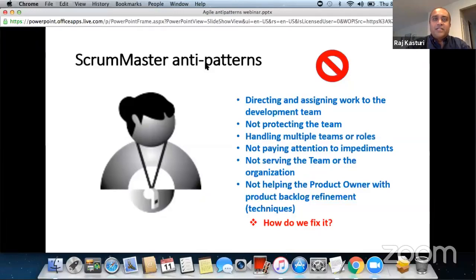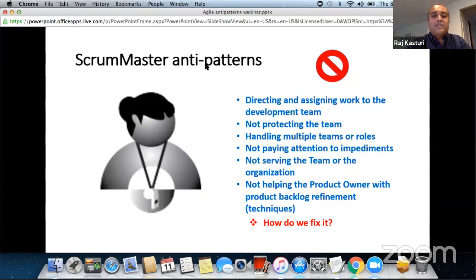If you see that, I need to assign tasks to the development team, that's an anti-pattern, because the Scrum Master's role is that of a servant leader, a person who assists the team in making sure that they become self-organizing and cross-functional.